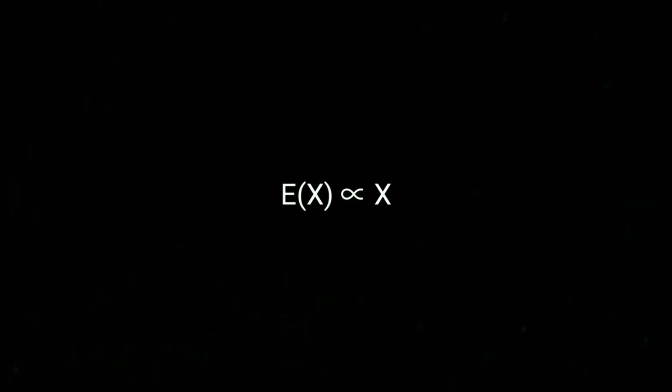Thus, the expected value of the needle of length x can be written as x multiplied by a constant c, where c could be any positive real number. Now, all that's left for us to do is figure out exactly what this constant is.